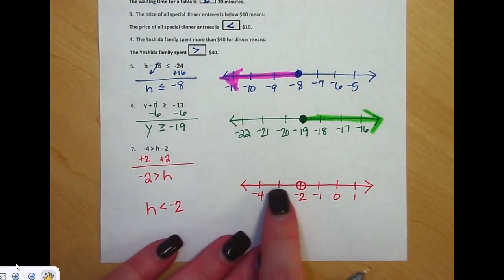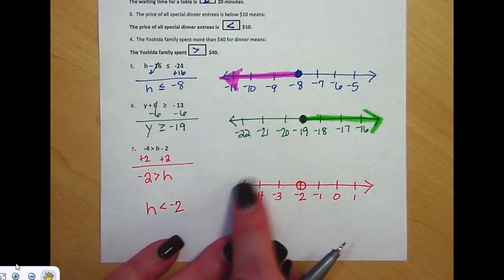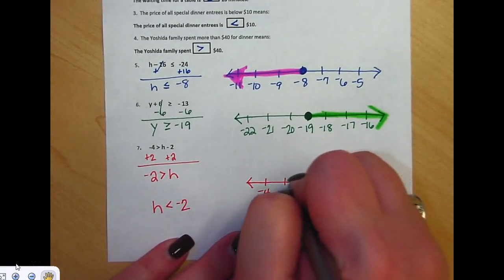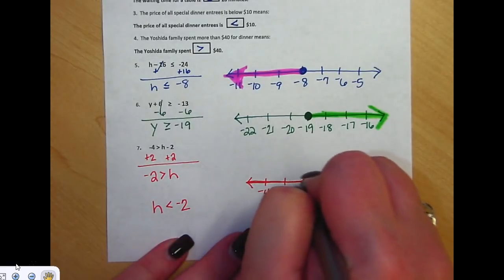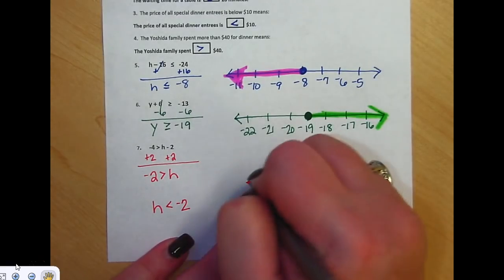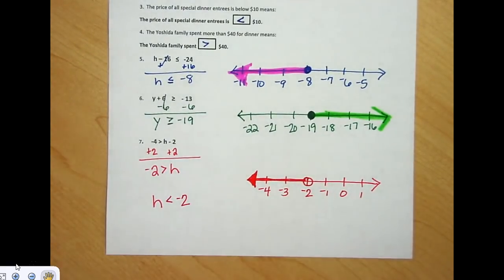And it's going to be all the numbers in that direction, less than. So it could be negative 3, it could be negative 4, it could be negative 10, negative 1 million, any number in that direction. But make sure you know that point is an open point.